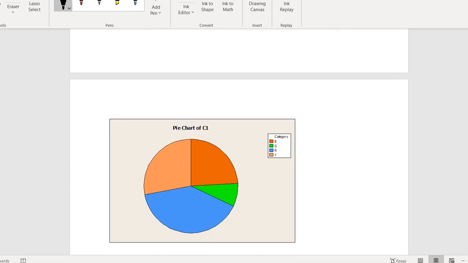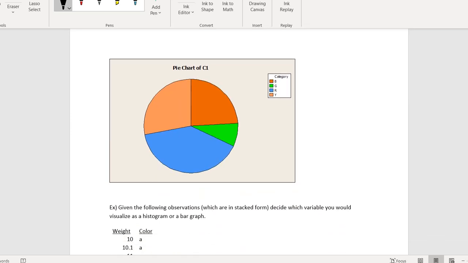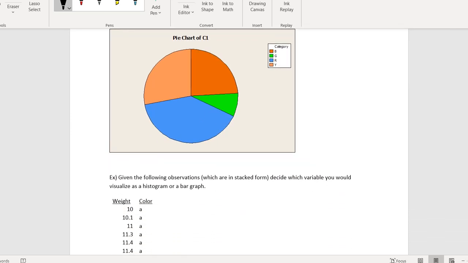For example, we took the above data, but we put it into a pie chart using StatCrunch. One reason this is misleading is because the colors don't match with the colors that were in our observations. So for example, this would be blue, well, green matched, red, no, and then yellow. If we just look at this, blue and yellow look very, very similar, but we might mistakenly think that they're exactly the same.